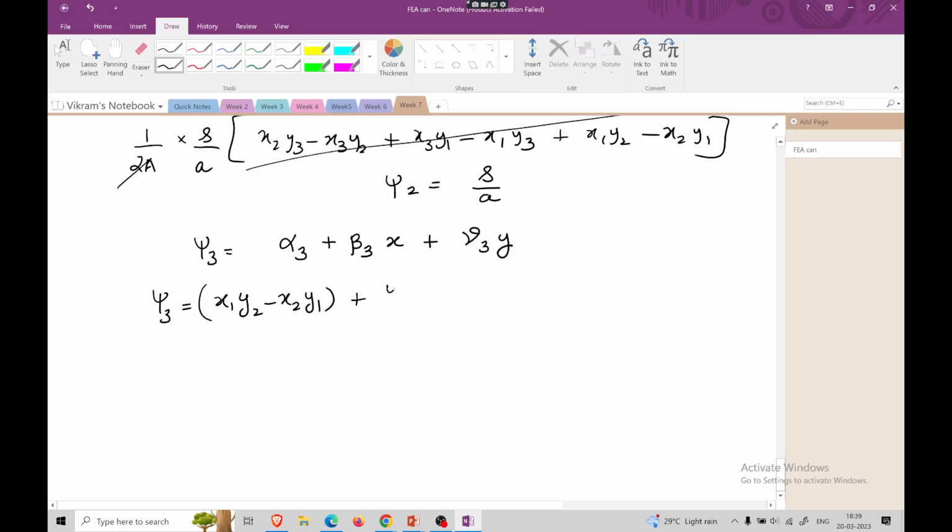This will be x1 minus x2 minus s by a into y1 plus s by a times of y2.